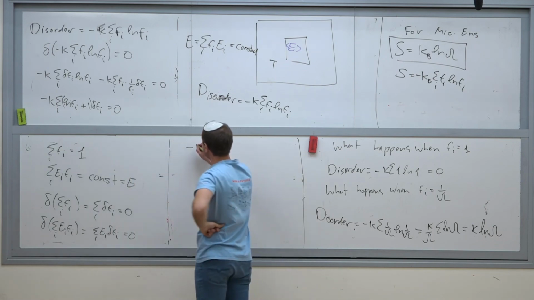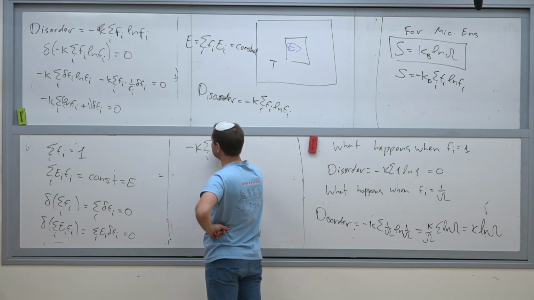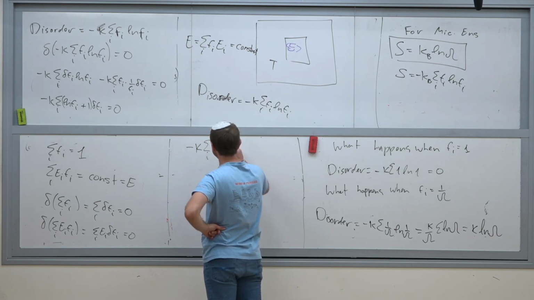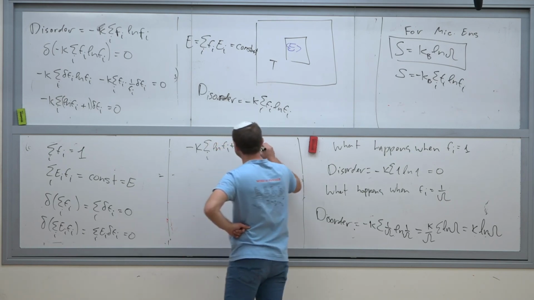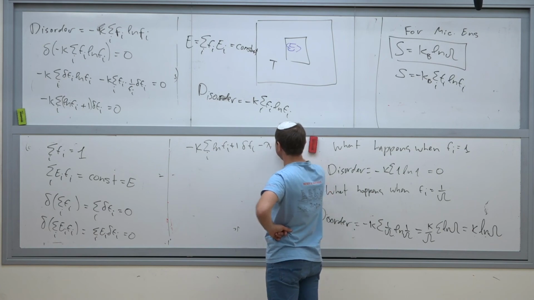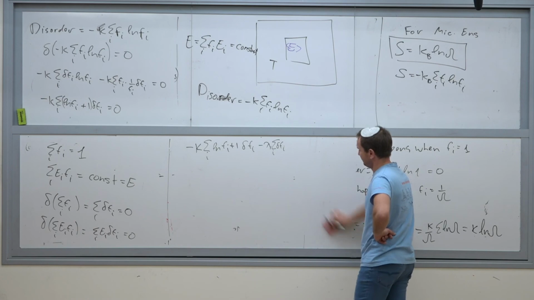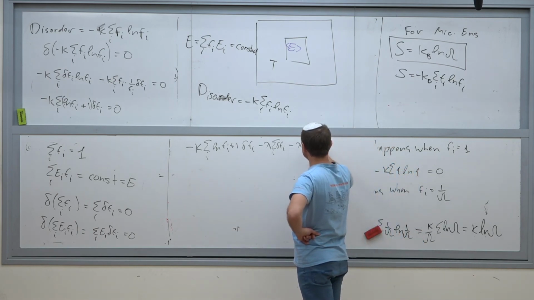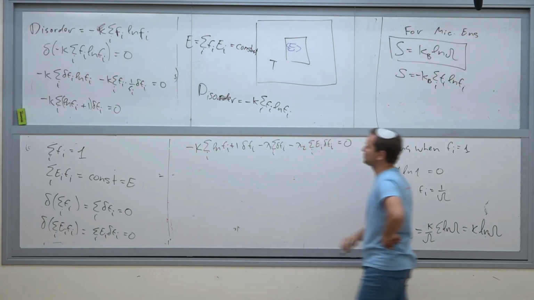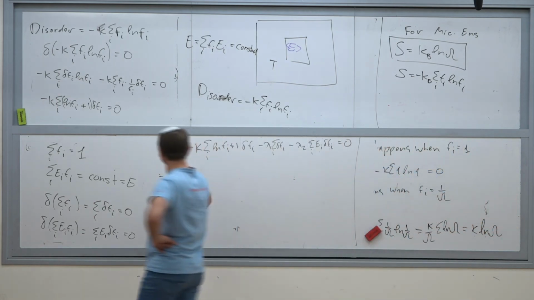Okay, so I have minus k, sum of I, log of fi plus 1, delta fi, minus lambda 1, sum of I, delta fi, minus lambda 2, sum of I, ei, delta fi, and all of this equals 0. This is my equation that I need to solve without any constraints.